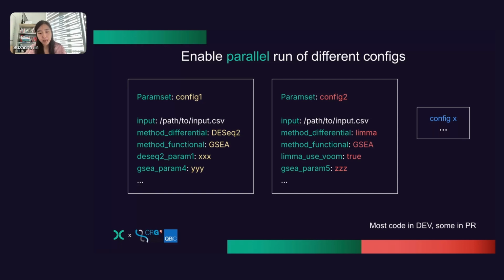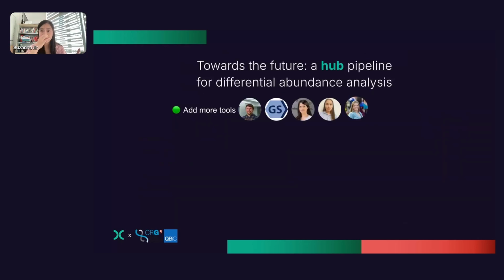Now, to finish the talk, I want to say this is not the only thing that is needed for a true hub pipeline. Instead, there is still a lot of ongoing effort to make the pipeline go towards this direction. This includes, for example, extending the scope of the pipeline with additional tools, and this is actually being done by many people who are interested in alternative methods.